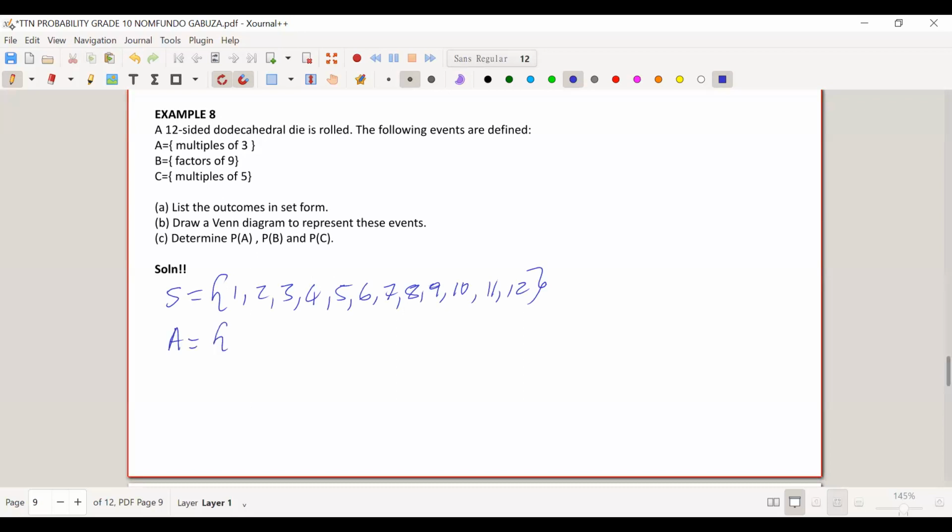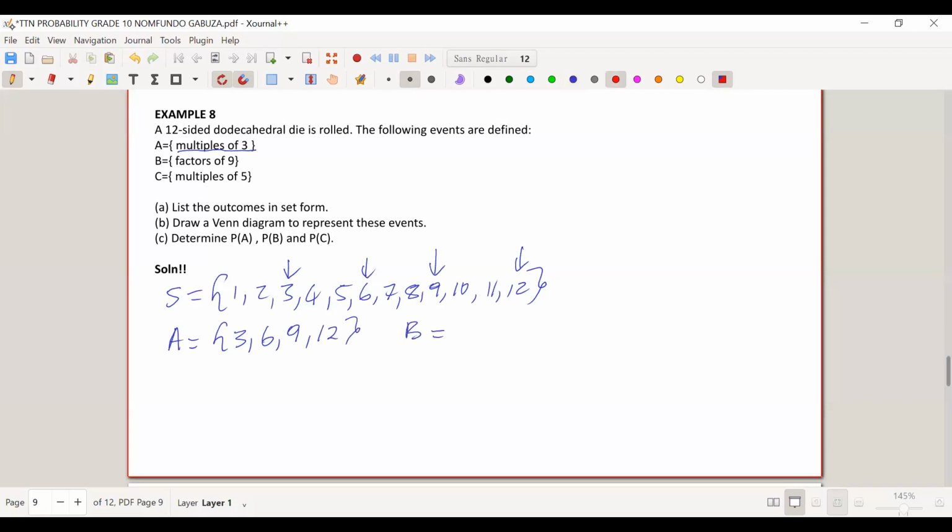So our A is multiples of 3, which means it's going to be 3, 6, 9, and 12. These are multiples of 3. Then our B is going to be the factors of 9, the numbers that can divide 9 without a remainder.